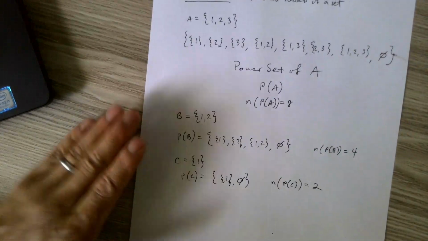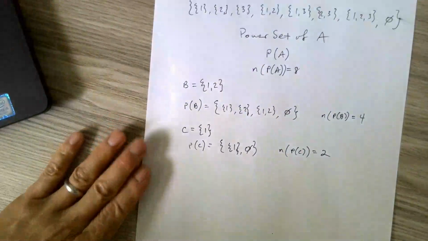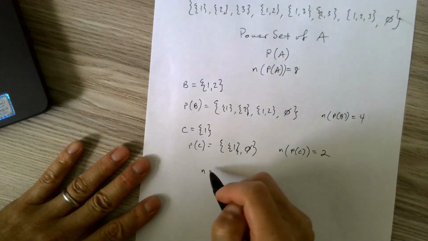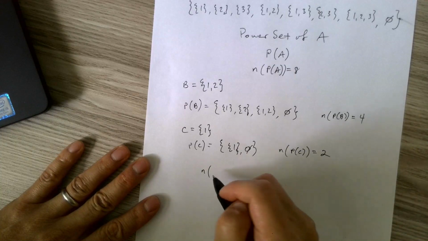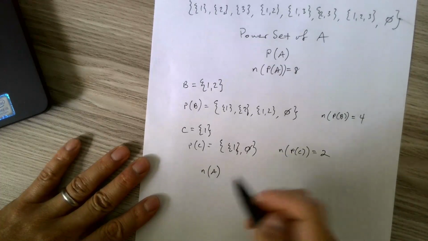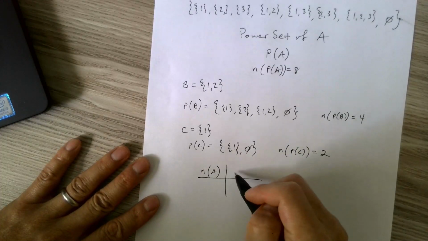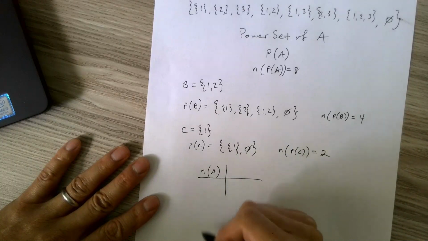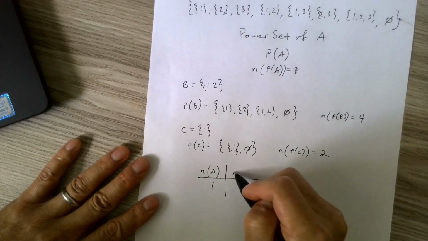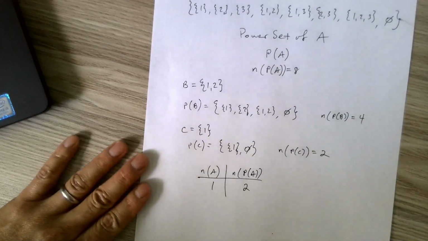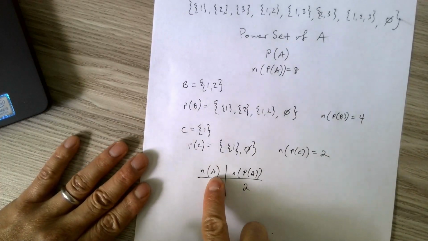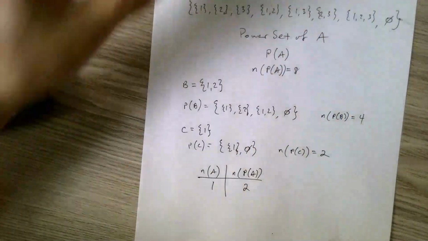So what have we found here? We found that if the cardinality of A is 1, then the cardinality of the power set of A is 2. Right now I'm just using capital A to stand for any set.